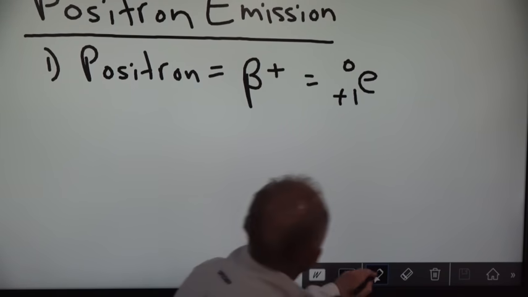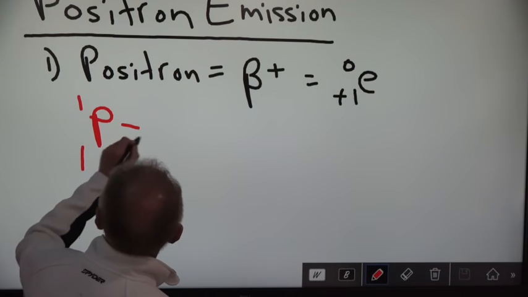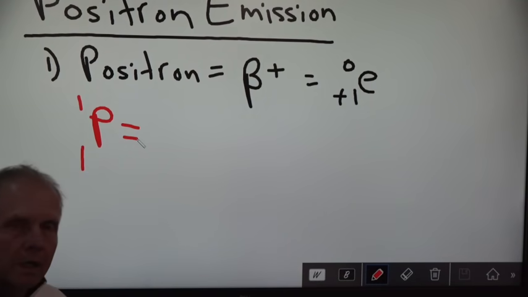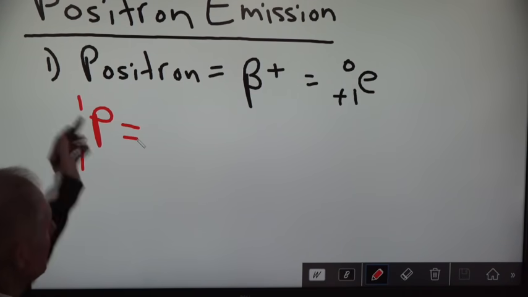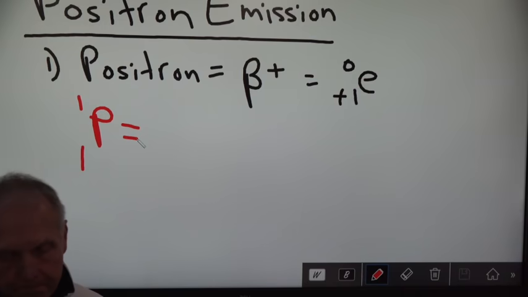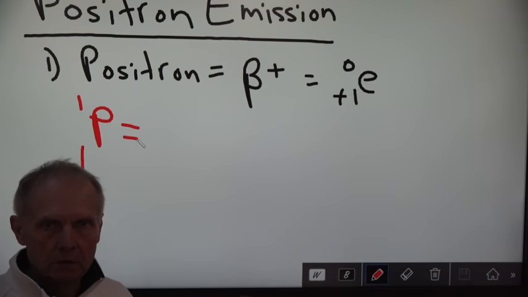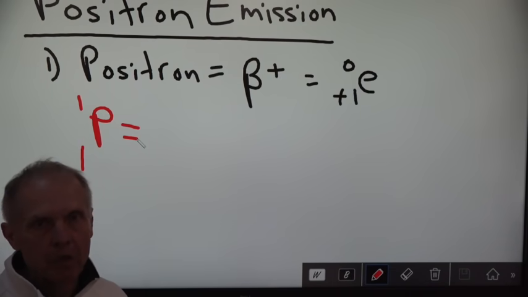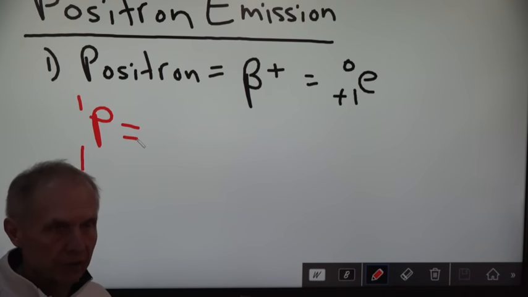Remember, P11 is a proton. All right, 1 in the atomic number, 1 in the atomic mass. So what happens is this. A proton blows up. All right, it totally explodes, and it gives off 2 products, and I'm going to show you the first one.